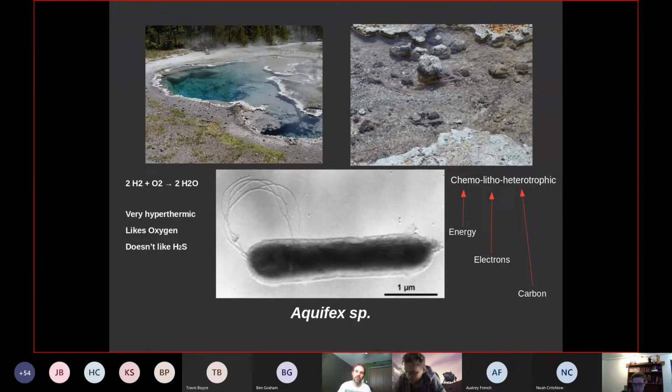These are weird, right? Very limited distribution. Really a fun study for bacterial evolutionary biologists, because you've got populations that really have not been anywhere else for millions of years. They're stuck right there.